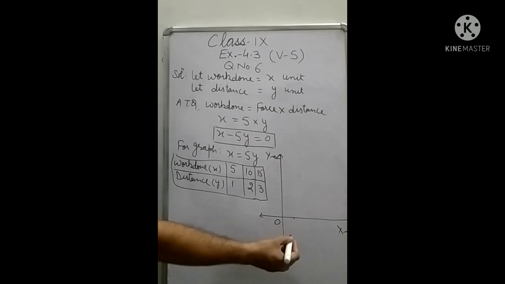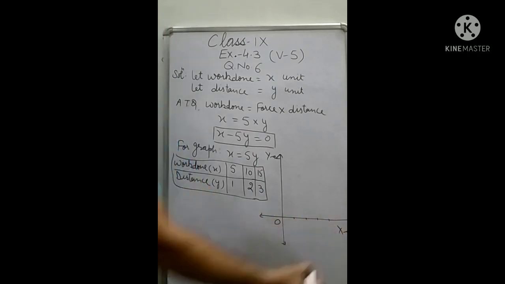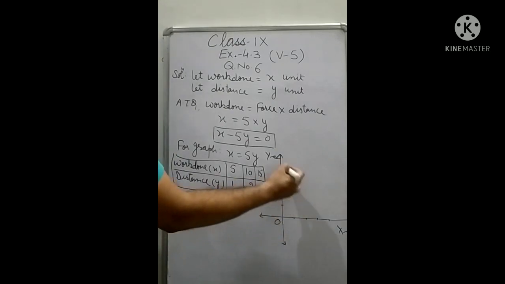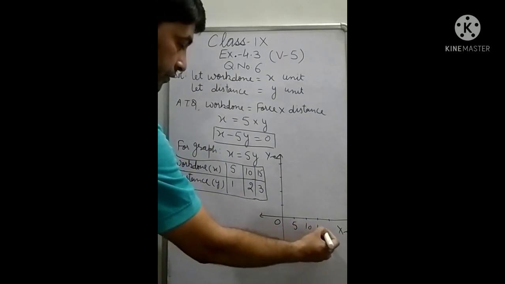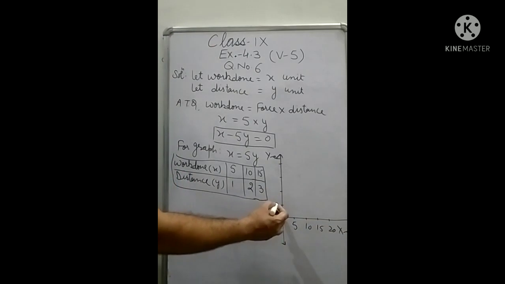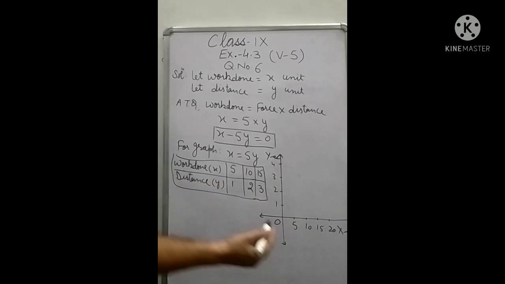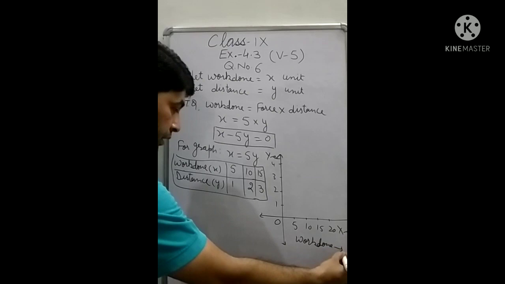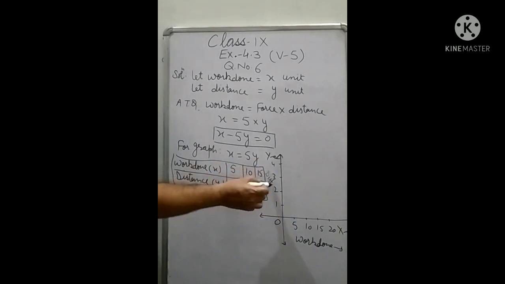Suppose each box shows 5, 10, 15, 20 like this, and along the y-axis you take numbers 1, 2, 3, 4 like this. Along the x-axis you are showing work done, and you mention it also. And along the y-axis you are showing distance.